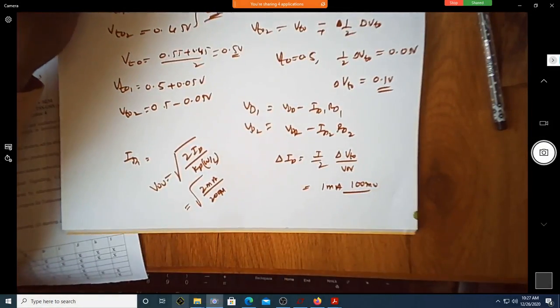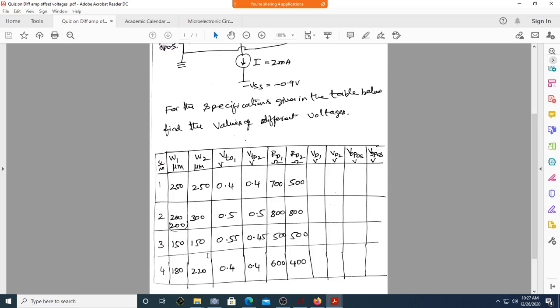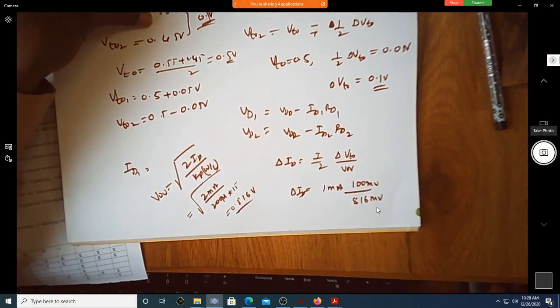I think W by L is 150 for this problem. Okay, 15. This comes to be 0.832. 0.8816 volt, so this is 816 millivolt. You know what delta ID is? Done? Give me, how much is delta ID?